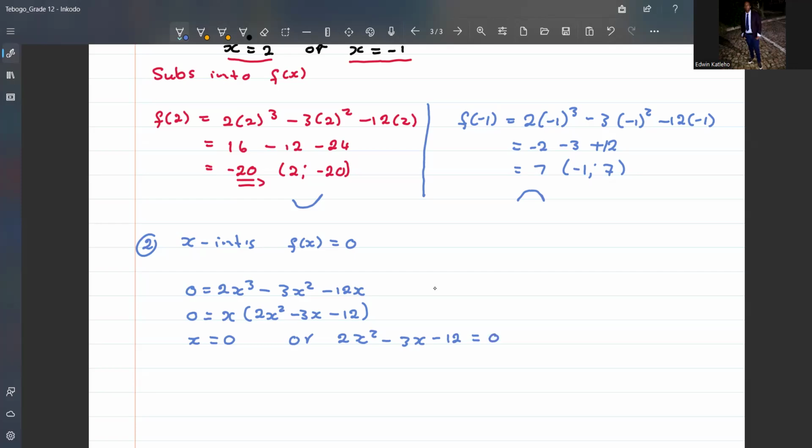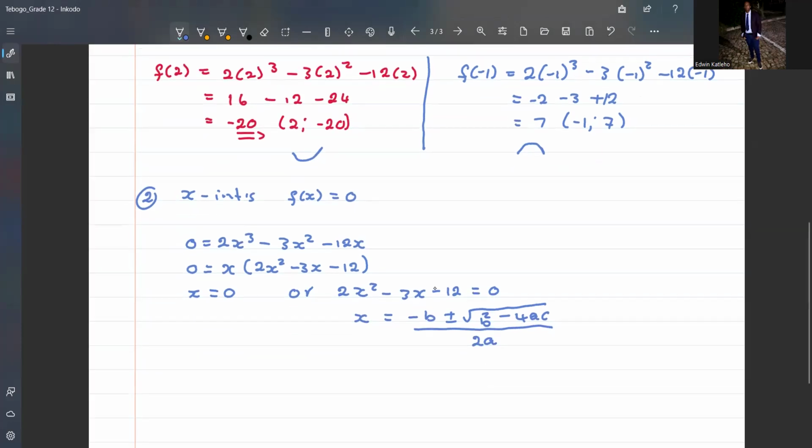And then we use the quadratic equation here. Remember, your quadratic equation is written this way: x equals minus b plus or minus the square root of b squared minus 4ac all over 2a. So this is the equation that we are going to use to find the other two factors.